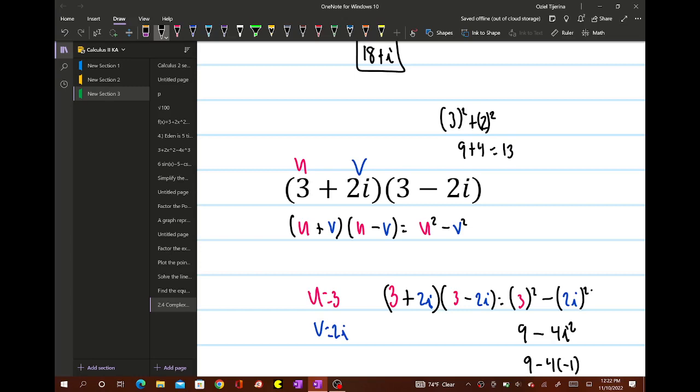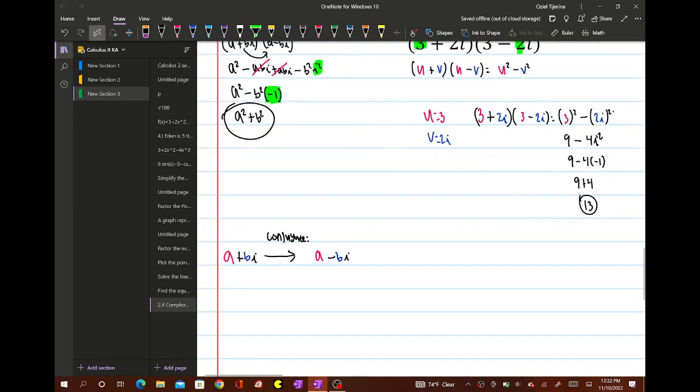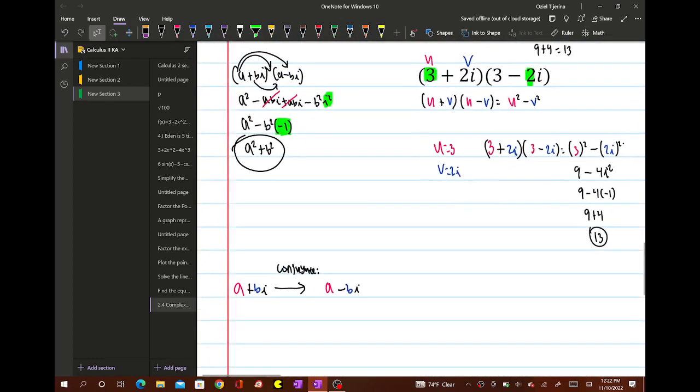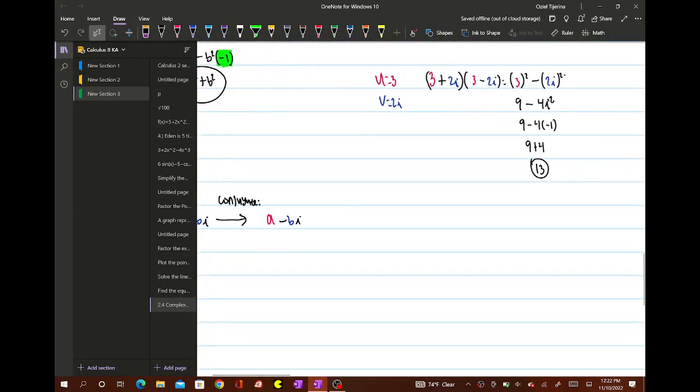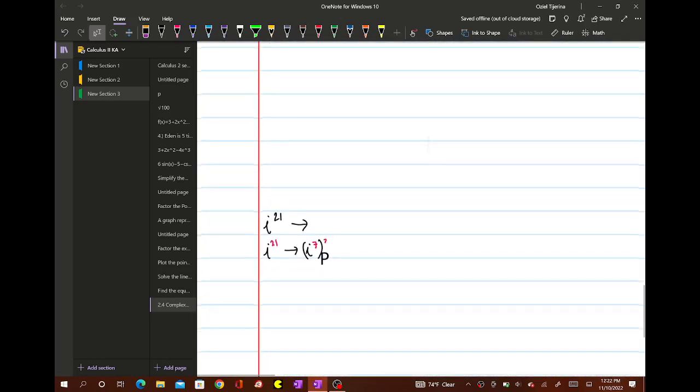When you're multiplying by the conjugate, all you really have to do is square the 3 and square the 2, okay? Now, if you don't like doing that and you want to work it out, that's completely fine. I actually work it out. I don't usually use that rule, but if that rule makes it easier, then yes, use it to your advantage.